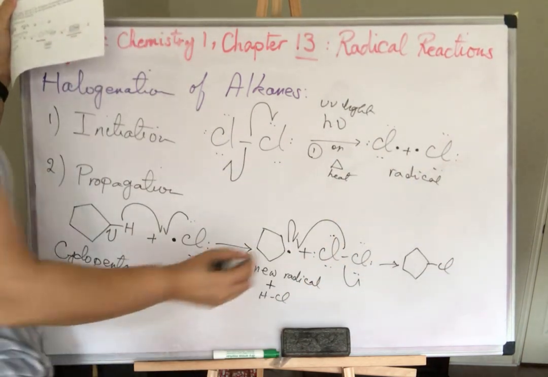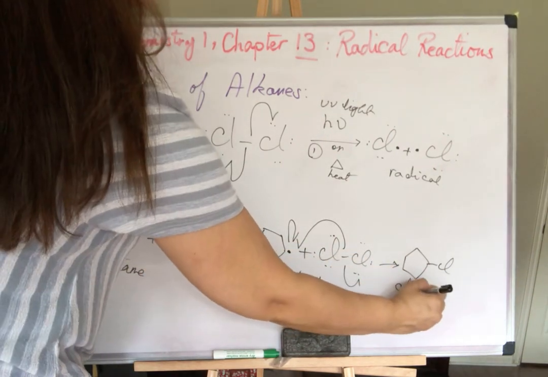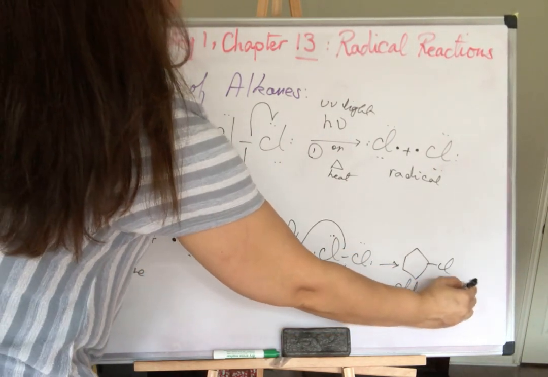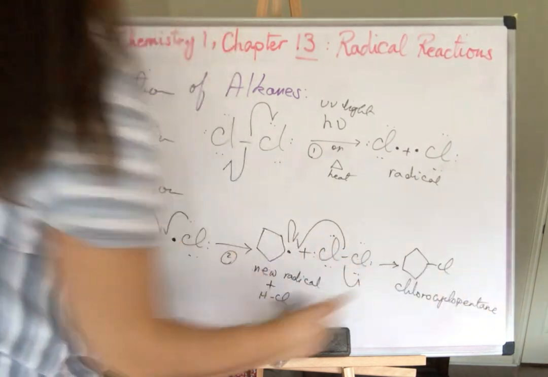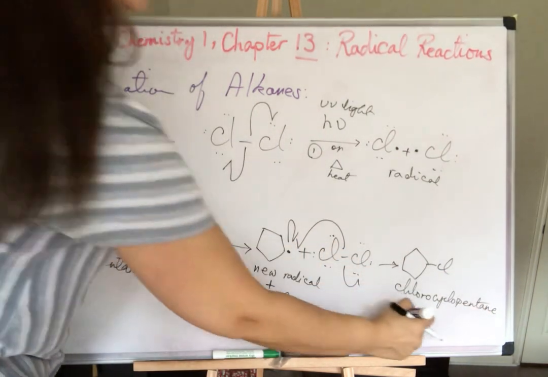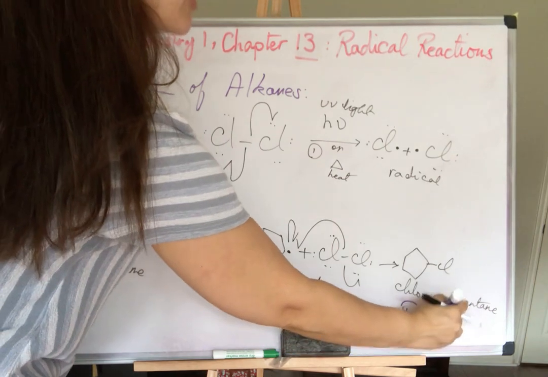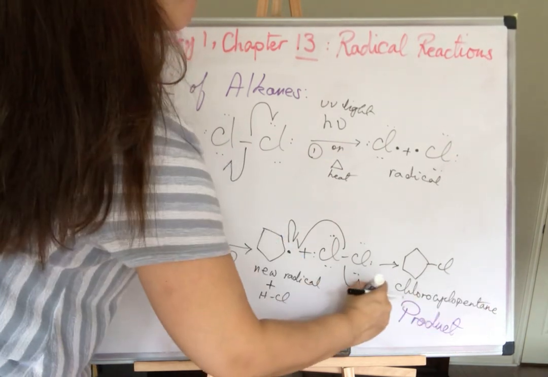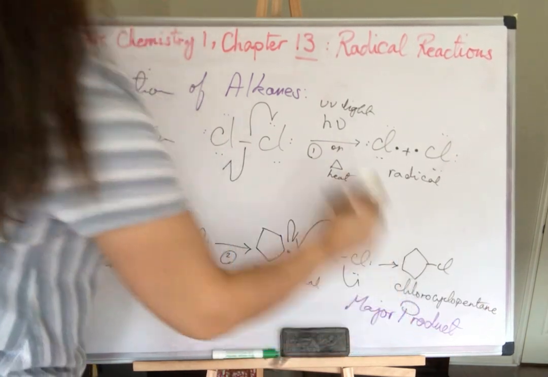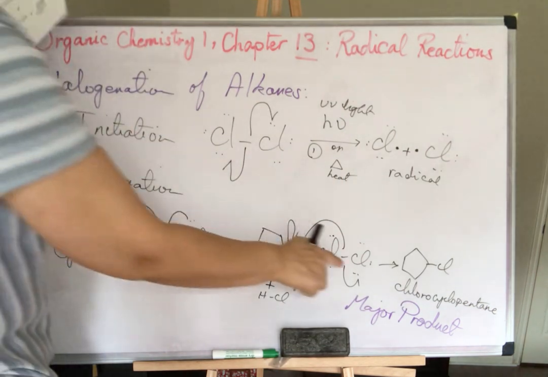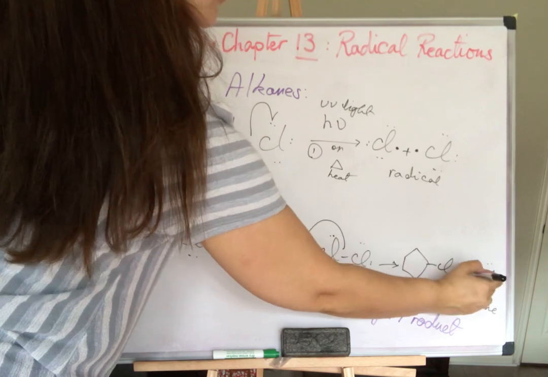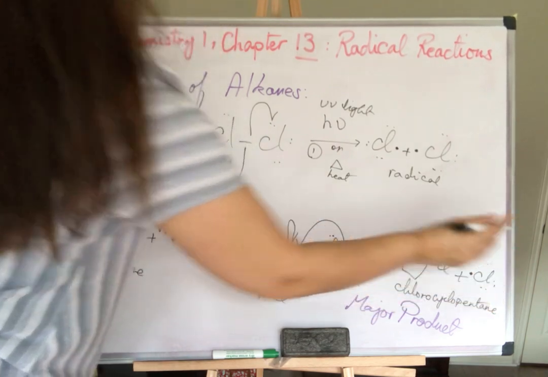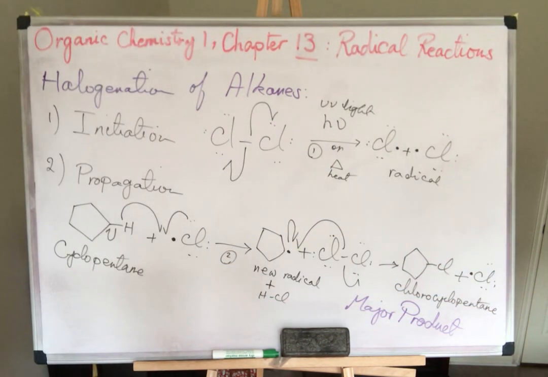This is your chlorocyclopentane, which is going to be your main product, the major product, okay? What else? Now we have a new radical, correct? So this was the propagation step.